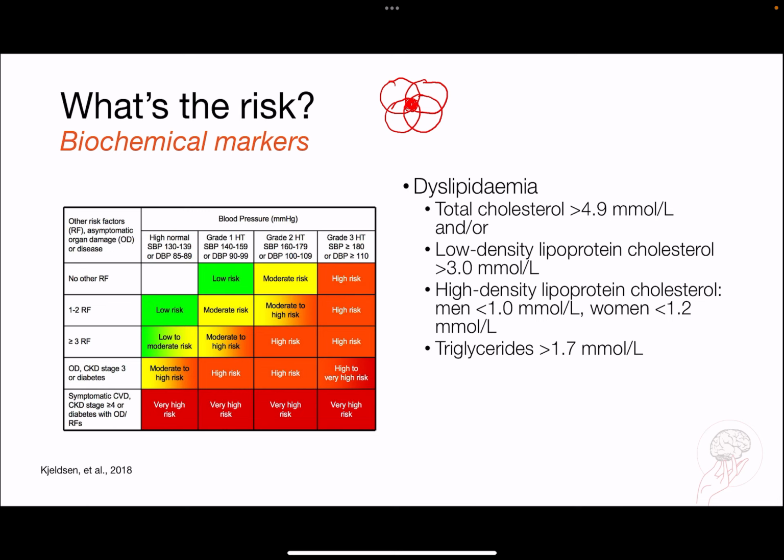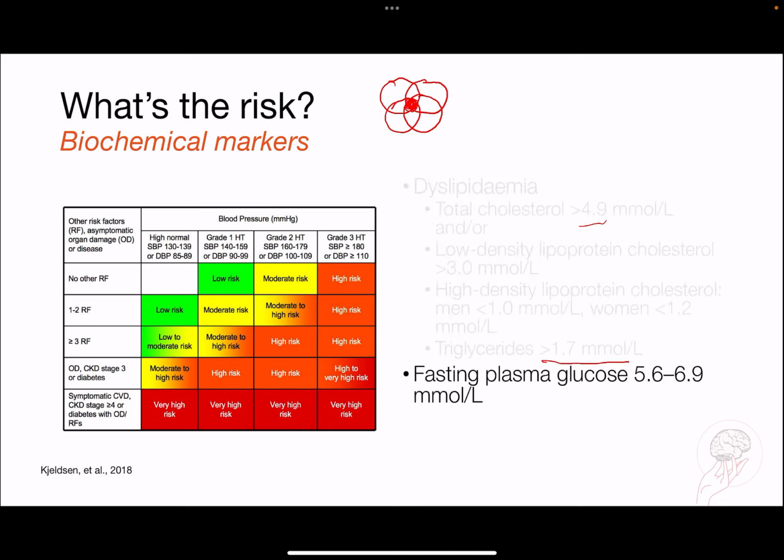So for dyslipidemia, we become concerned when total cholesterol is greater than 4.9 millimoles per liter. And this is often accompanied by a low density lipoprotein cholesterol greater than 3 and a low high density lipoprotein cholesterol, so less than 1 in men and less than 1.2 millimoles in women. And we often see high triglycerides as well.